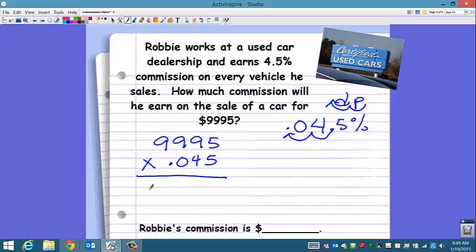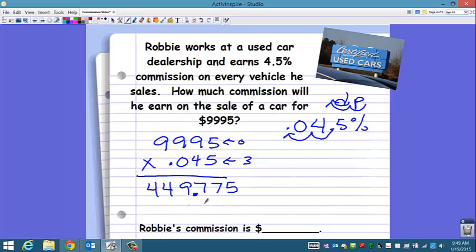To save some time, this is what I get after I multiply. Now I go back and I want to place my decimals. There are 0 decimal places in the first factor, and there are 3 in the second factor. So I need 3 in my answer. So my decimal will go between the 9 and the 7.